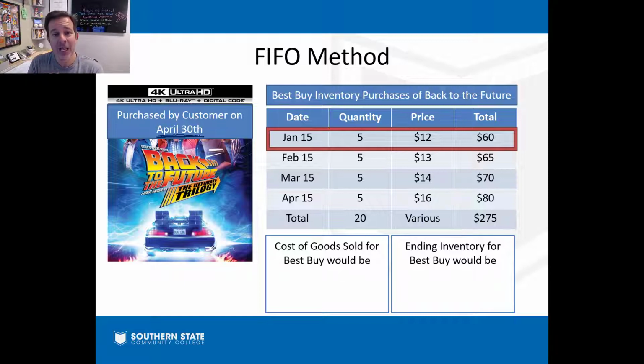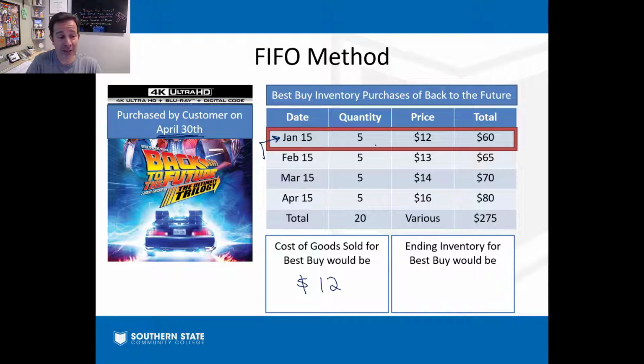All right. If we're doing FIFO, that means that first in, first out, that would have come out of that first purchase that Best Buy made. Okay? So the cost of goods sold for Best Buy on that particular purchase would be $12.